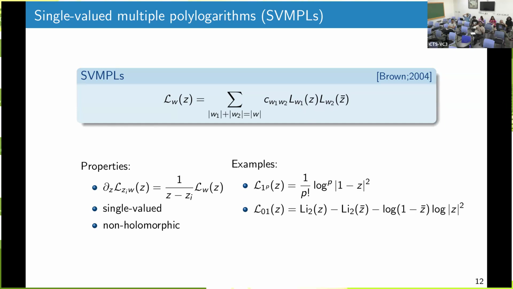Like if I took L sub 1, 1, wouldn't you be summing over the same set of W1 and W2? I mean, there are different choices. For example, in this example, there are 2 polylogs where W2 has length 2. This is Li2 of z bar, and log(1 minus z bar) times log z bar. So you just take all possibilities.